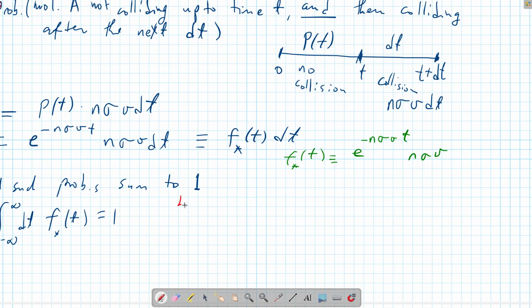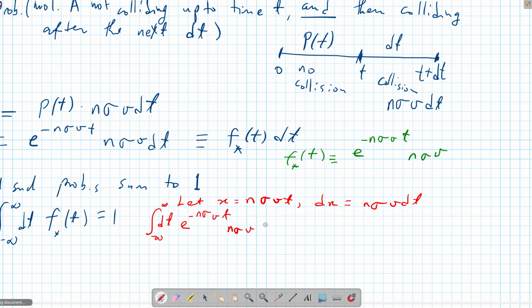Right, so you know what f star t is, you can compute this. Let's say x is n sigma v t, and so dx is going to be n sigma v dt, and the integration of dt from minus infinity to infinity of e to the minus n sigma v t times n sigma v is going to be equal to the integration from 0 to infinity of x to the 0 e to the minus x dx, and this is equal to 0 factorial, which is equal to 1.